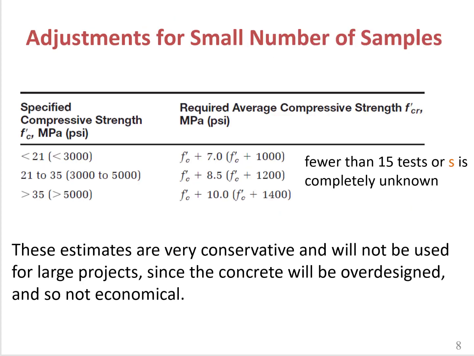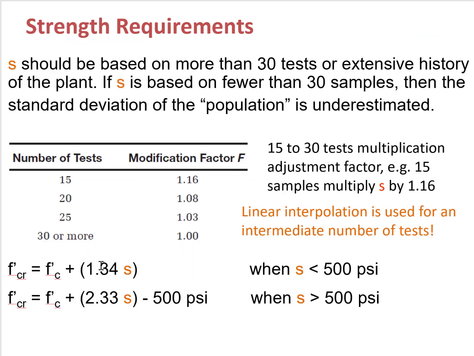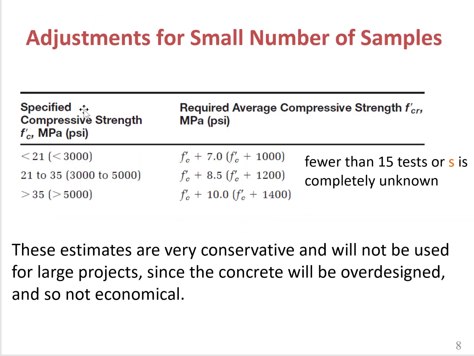If fewer than 15 tests are available, or S is completely unknown, then instead of using these two formulas, we will be using the formula shown in this table. So if S is completely unknown or calculated based on fewer than 15 tests, then we will compare the value of the specified compressive strength with 21.